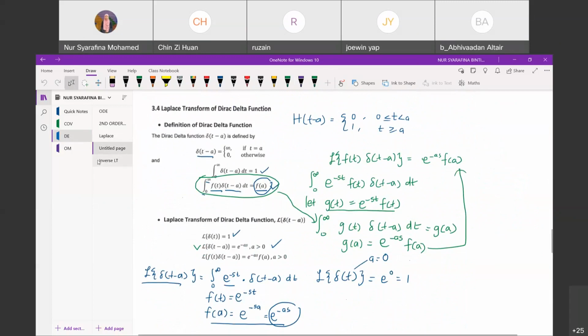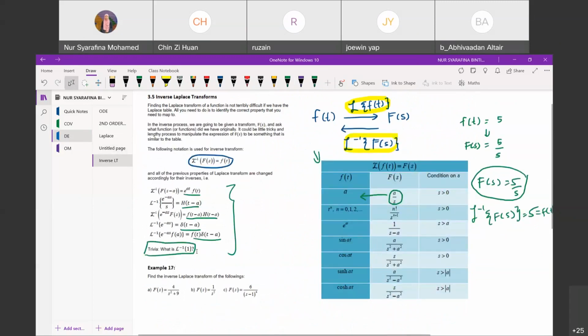Anyone? It equals delta t. Okay, good. So you know where this comes from. This comes from the properties and the special types of functions that we have learned from the table of transformation.